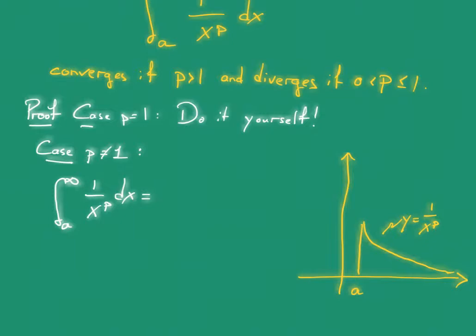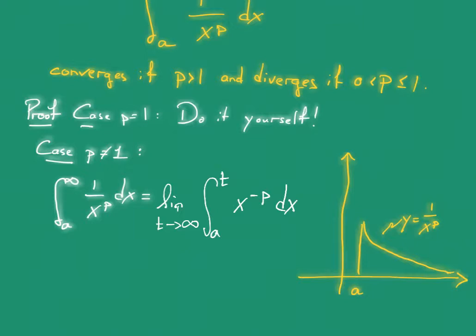All right, so what is this improper integral? Well, as always, by definition, this just means the limit as t tends to infinity of the integral from a to t of 1 over x to the p, which I'm going to write as x to the minus p, because we're going to integrate dx.